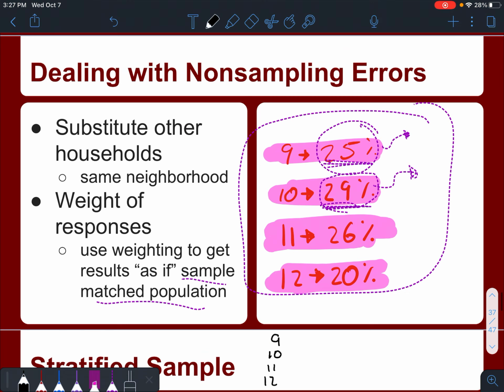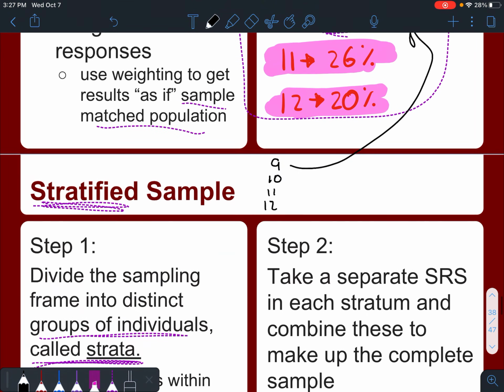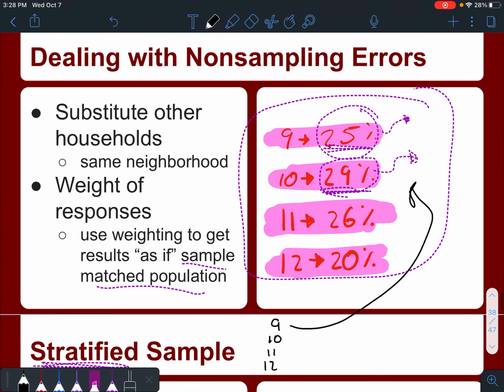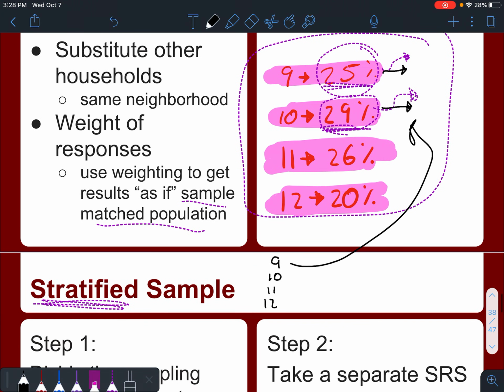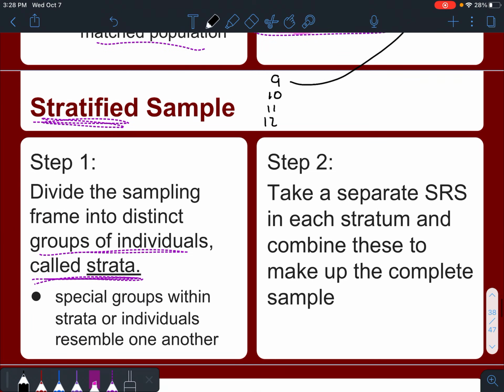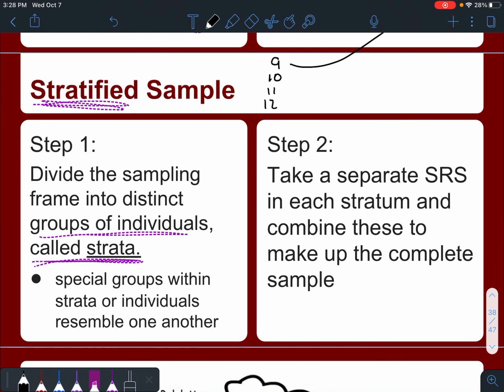And we could force the weight of that. If I wanted to sample 100 people, I could do 25 ninth graders, I could do 29 10th graders, I could do 26, or however you want to do it. So you could force the weight. You can also force inclusion of certain groups by doing that.